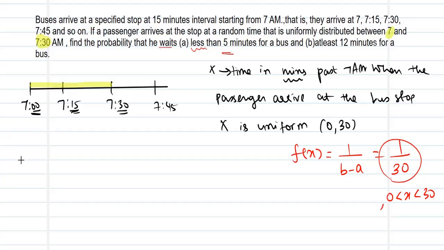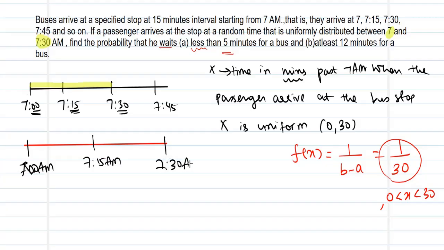Not to disturb the original baseline, we will have one more baseline here: 7 a.m., 7:15 a.m., and 7:30 a.m. He cannot catch the 7 a.m. bus because he would have had to come 5 minutes prior to it. He is only arriving at 7, so catching the 7 o'clock bus is ruled out.